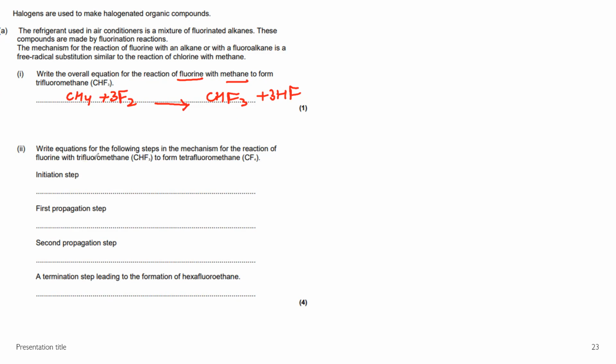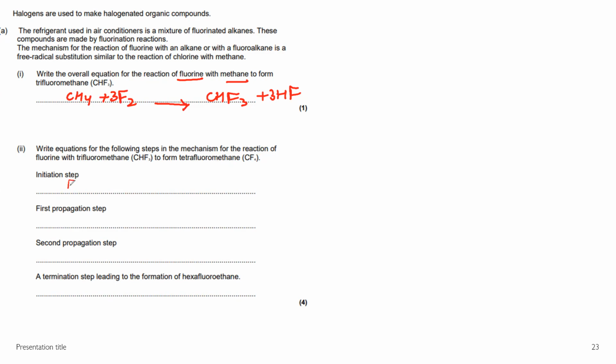Okay, the second says write the equation of the steps of the reaction of the fluorine with trifluoromethane to form tetrafluoromethane. Okay, so we have to show the formation of tetrafluoromethane. So first is initiation. Just remember, in initiation, always there is a radical formation.